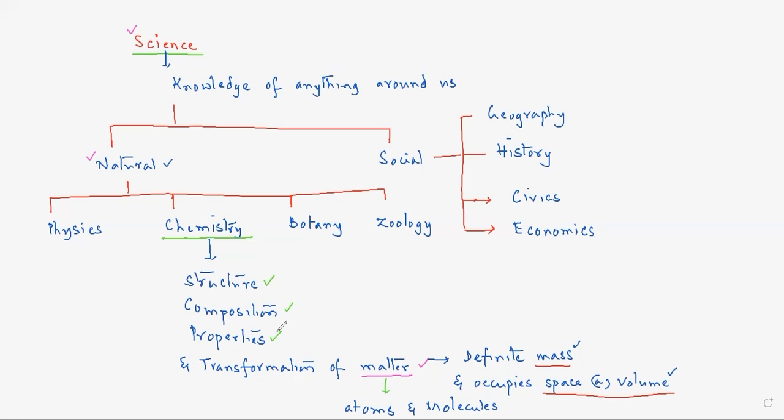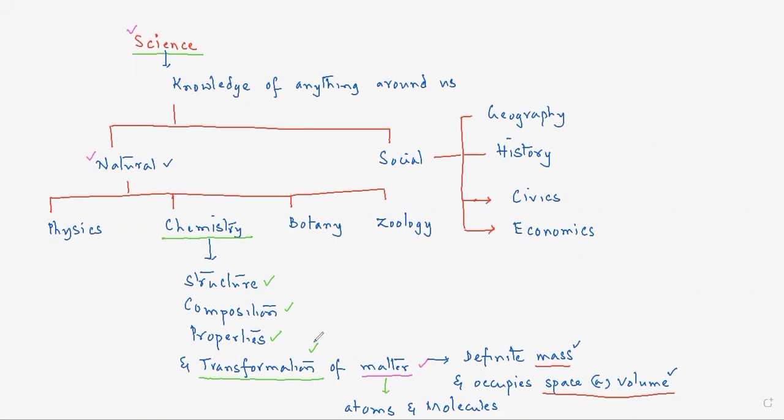And what are the chemical properties? The chemical properties of matter are those reactions in which this particular substance is involved. Chemical reaction, right? And of course, the transformation of matter. Yes, you can actually make matter exist in any of the three physical states, for example, solid, liquid, or gaseous.